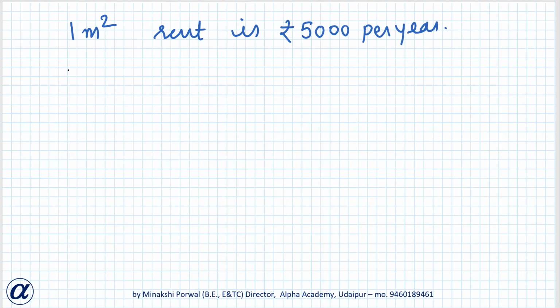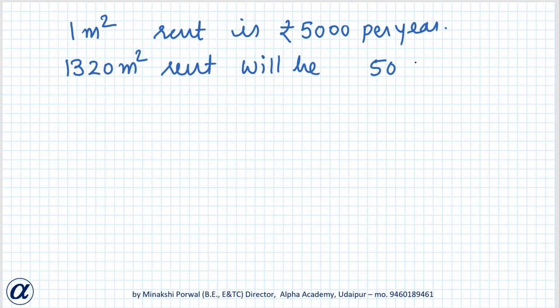So for this much, 1320 meter square, rent will be 5,000 into 1320 into 3/12.